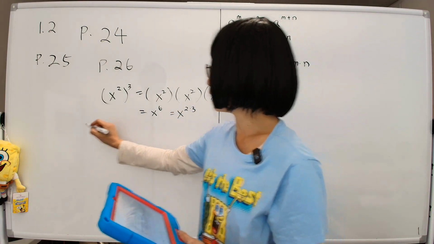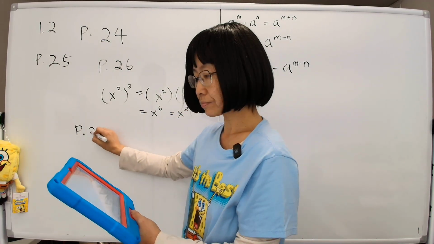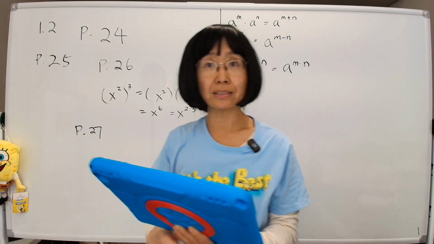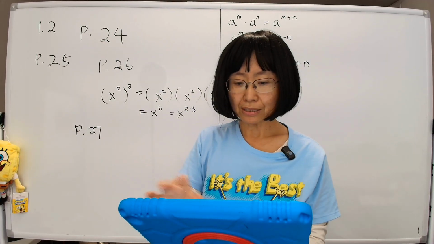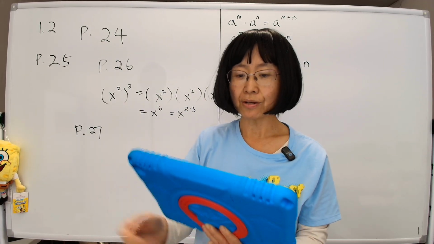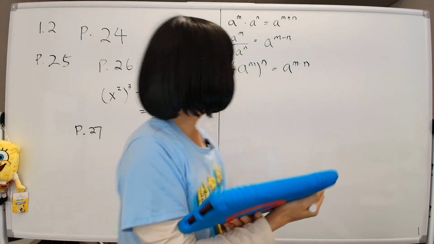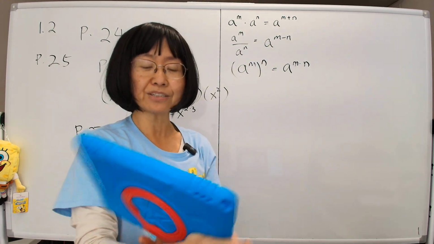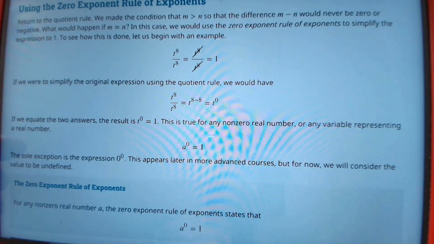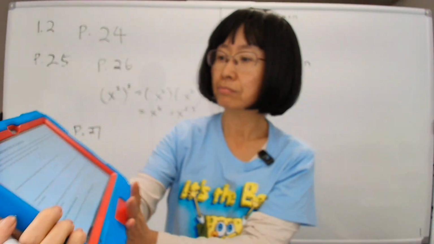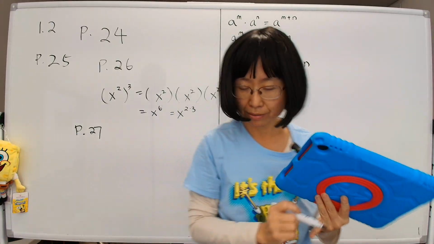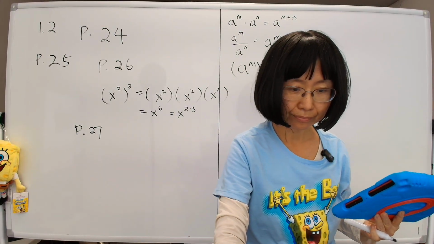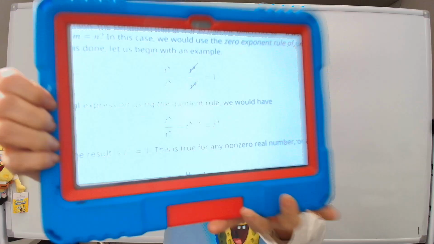We're now on page 27, where we're going to consider the 0 exponent. Now, what does it mean when the exponent is 0? Well, we consider the quotient rule to come up with a reasonable explanation of it. So let's look at the example in your book.